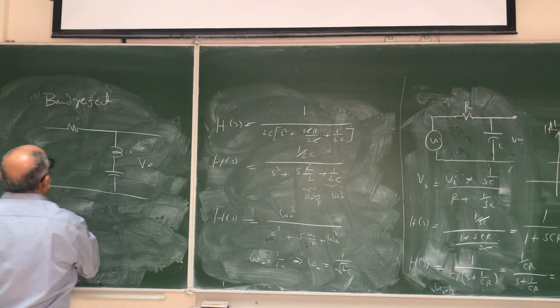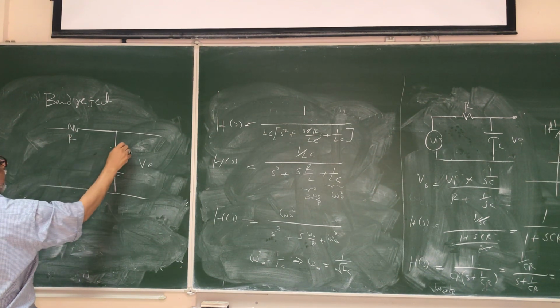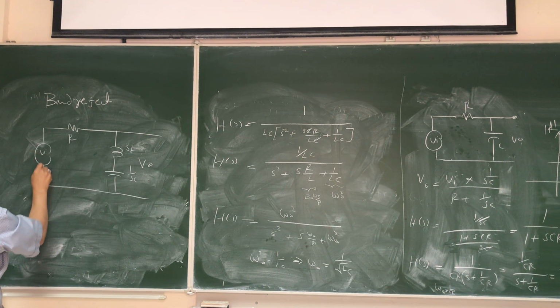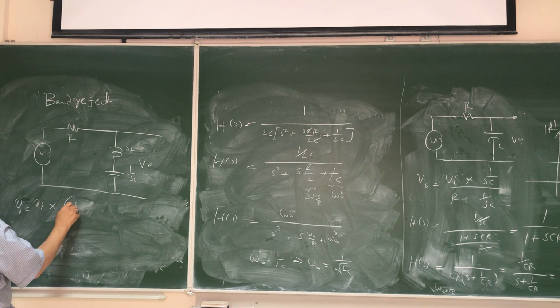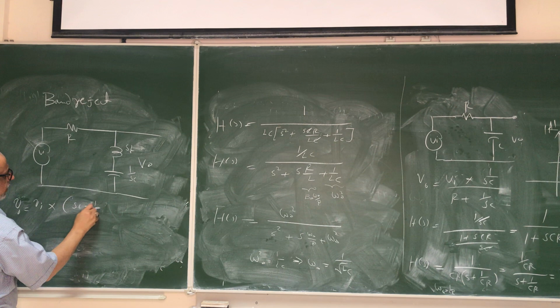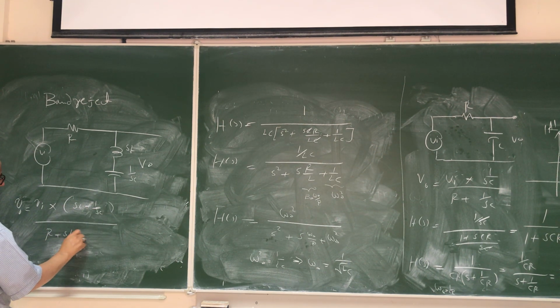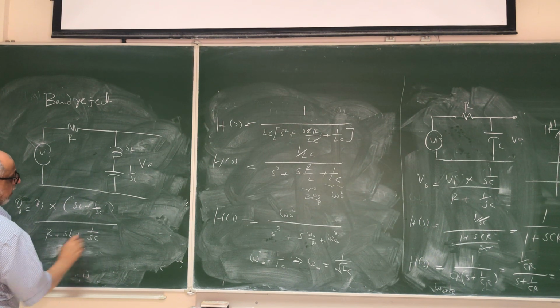So we can take V out from here, that is R, SL, 1 over SC, and that is my input, VI. So you can say V out is equal to VI times SL plus 1 over SC divided by R plus SL plus 1 over SC.